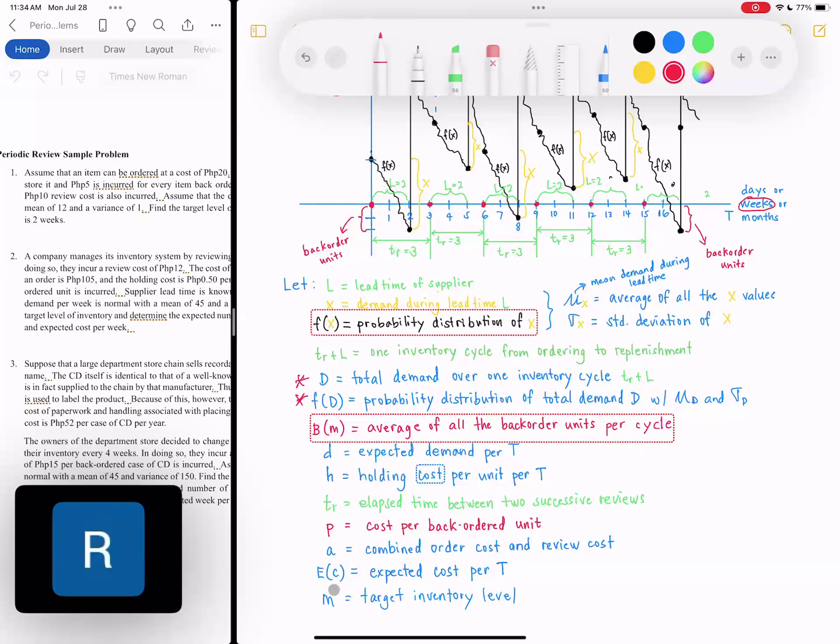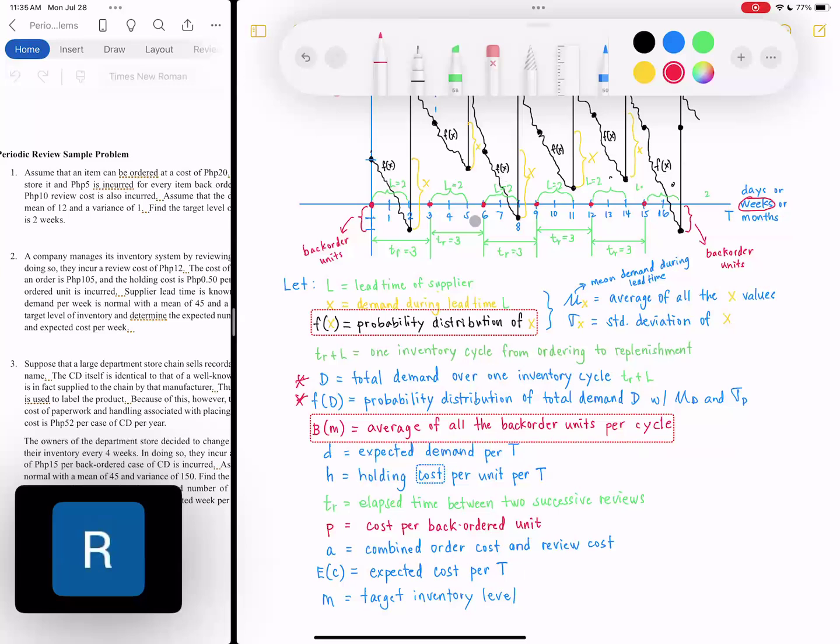And then E of C, as I've said, is the expected cost per T. So in your derivation, using the Leibniz rule, it was derived with the assumption that you are computing the average cost per T. So if capital T is in days as determined by your TR, then EC should be expected cost per day, automatically.